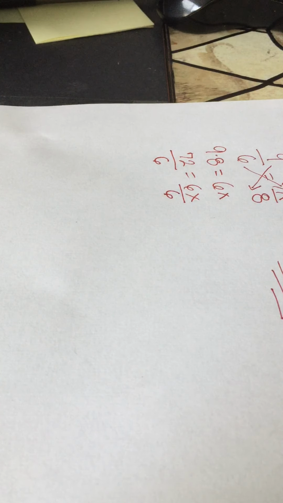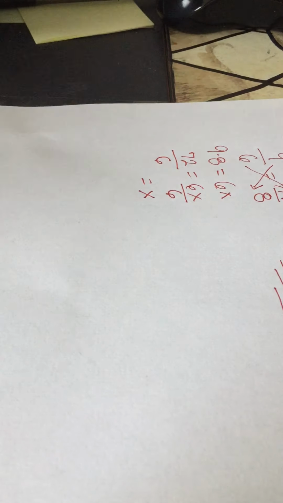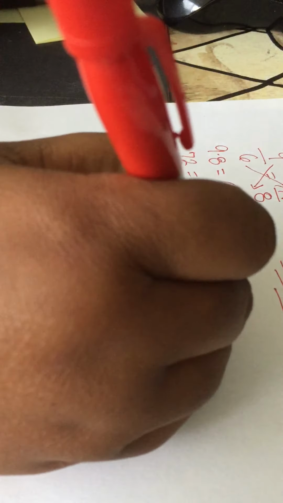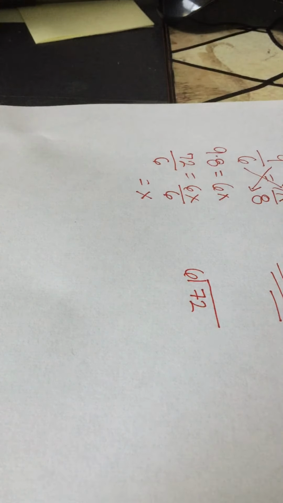What I do on one side, I must also do to the other side. So if I divide by 6, that means that x, what we're looking for, is going to be equal to 72 divided by 6. So how many times will 6 go into 72?